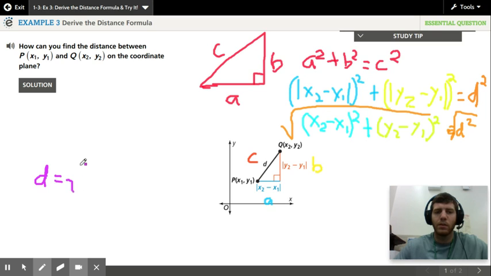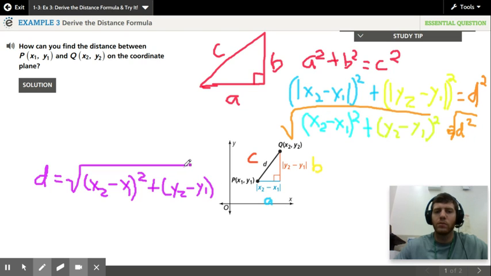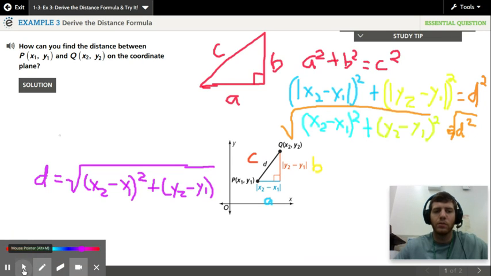And then what we're left with is the square root of x2 minus x1 squared plus y2 minus y1 squared. And so that's how we get our distance formula from the Pythagorean theorem. You guys can now go ahead and do the try it.